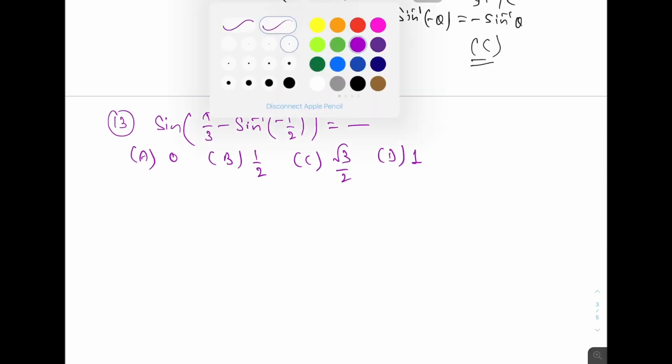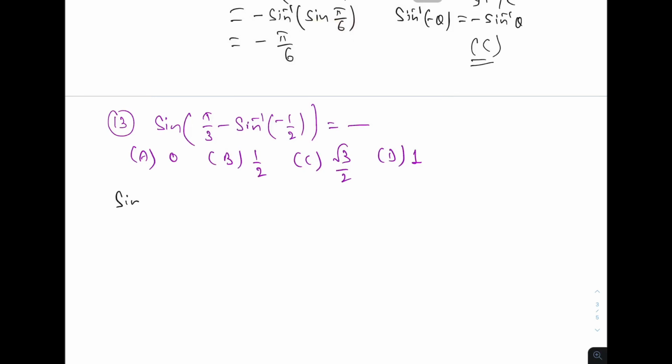So let us now solve. Sine of pi by 3 minus sine inverse minus 1 by 2. So this is equal to sine of pi by 3, and sine inverse minus theta is minus sine inverse theta, we have used so many times.